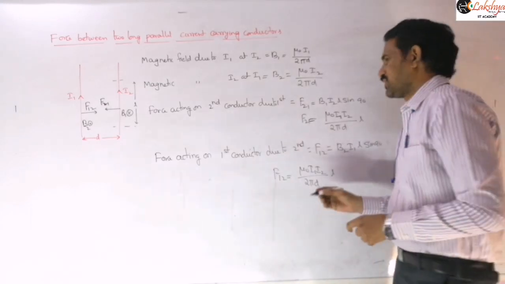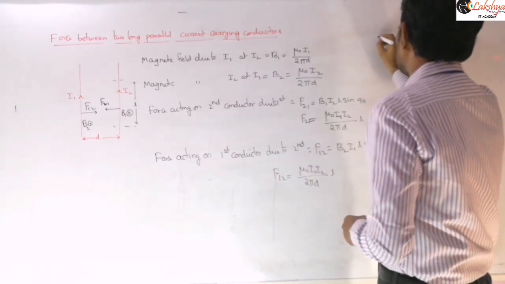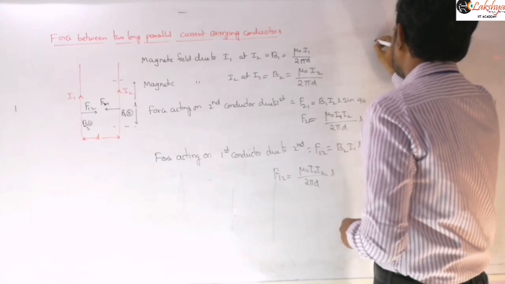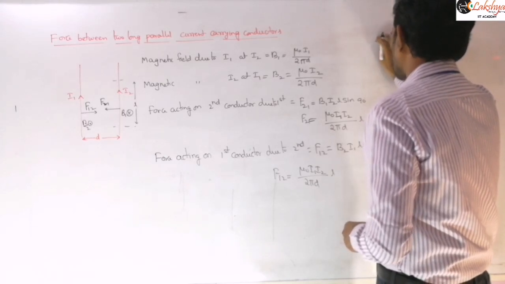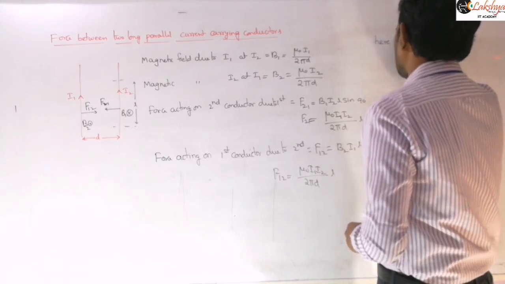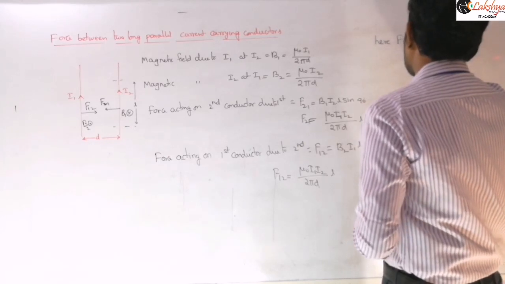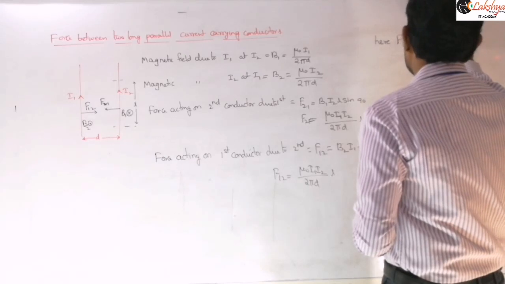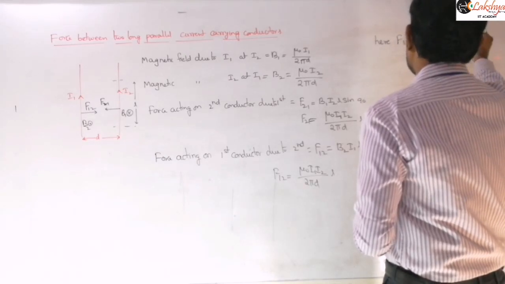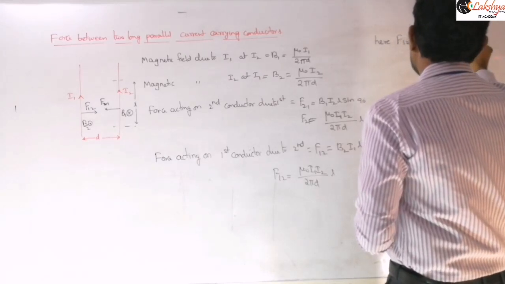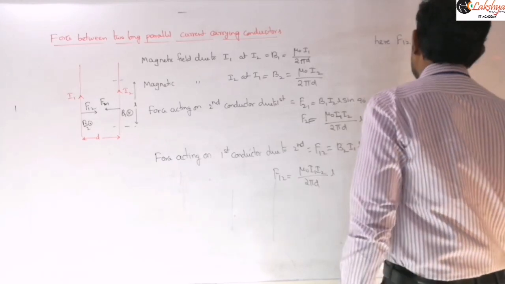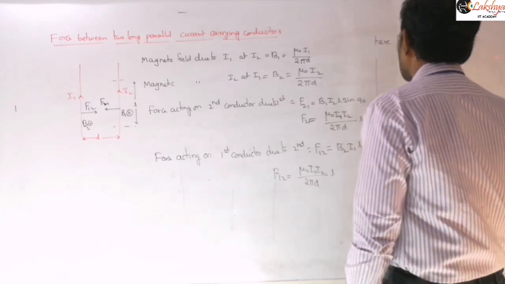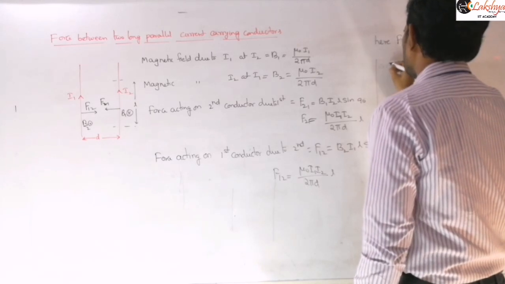Therefore F12 is equal to F21, which is given by mu naught I1 I2 by 2 pi d into L.